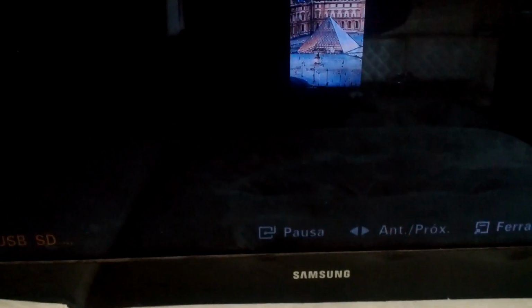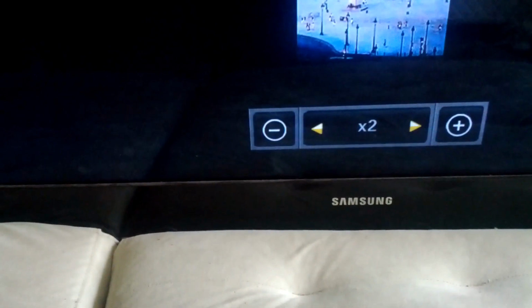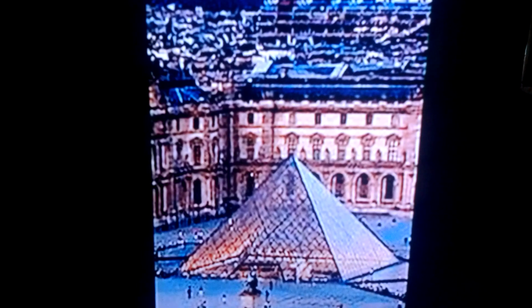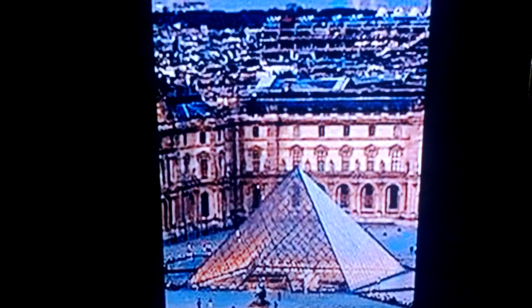Let's go to another image. Let me zoom it. What's the problem of that picture? Clear. Those images are all from different sites, from different sources. There is no way all are blurred, okay?